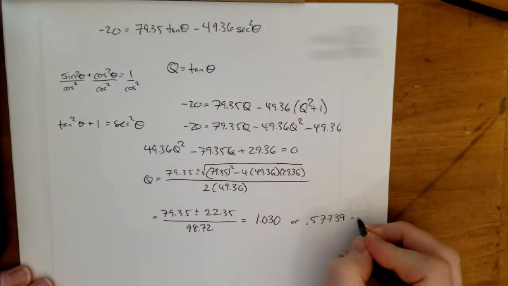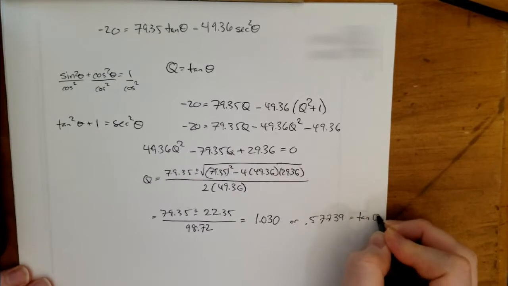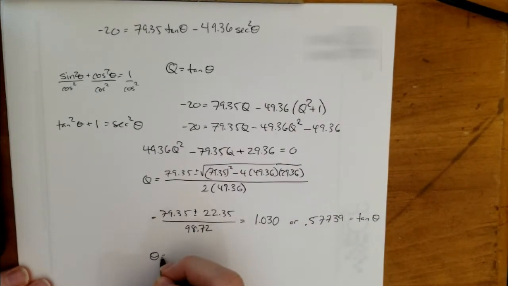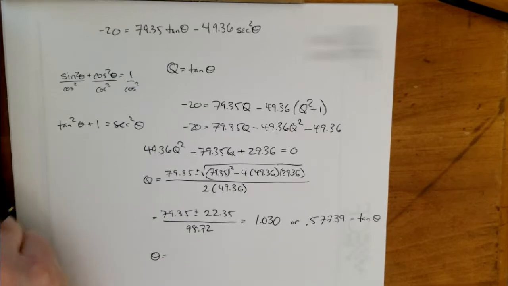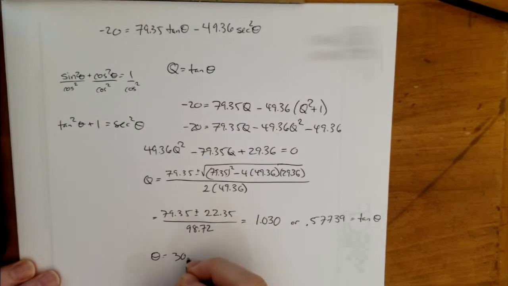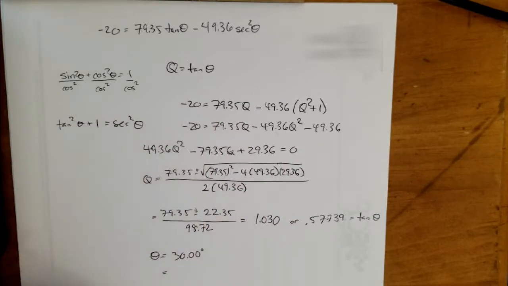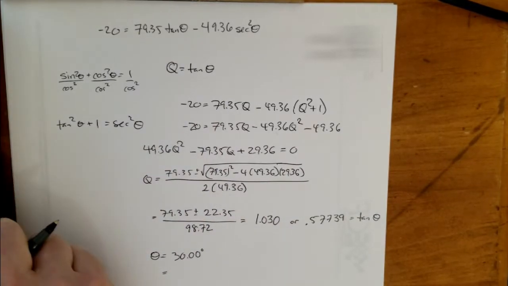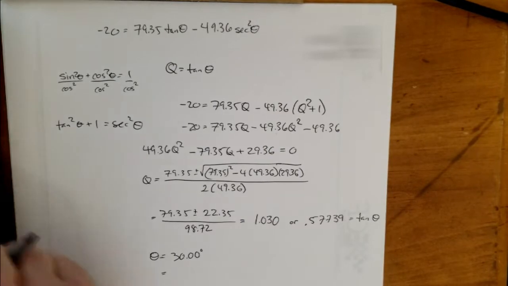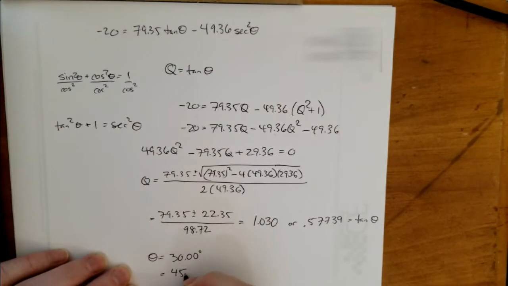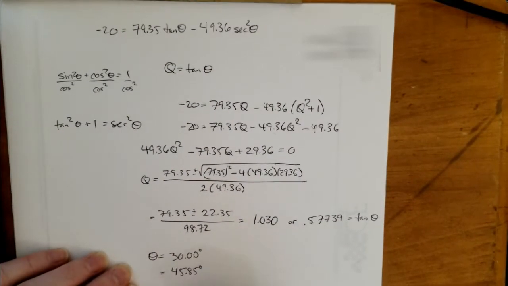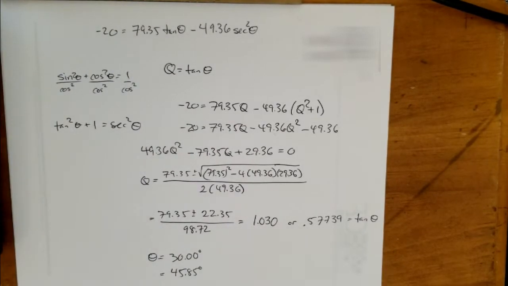And that is equal to Q, or the tangent of theta. And so theta is, let's do an arctan, and I get 30.00 degrees. Should not be a shock here, but there is a second answer. Arctan, 45.85 degrees. So there are two answers to this particular problem.